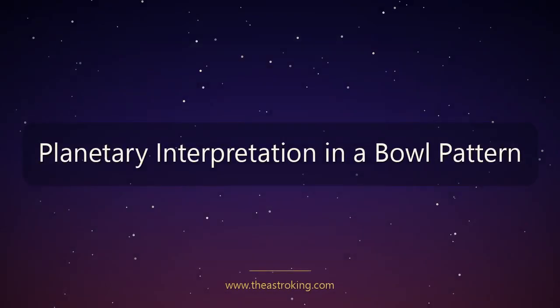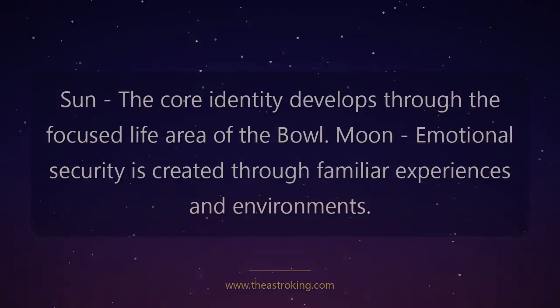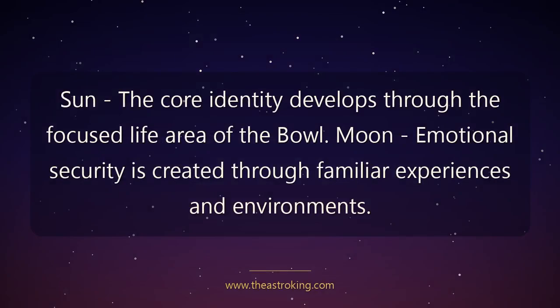Planetary interpretation in a bowl pattern. Since all planets are contained within one hemisphere, each planet contributes to the concentrated life theme represented by that area of the chart. Sun. The core identity develops through the focused life area of the bowl. Moon.